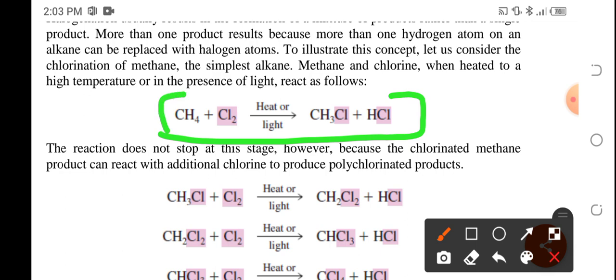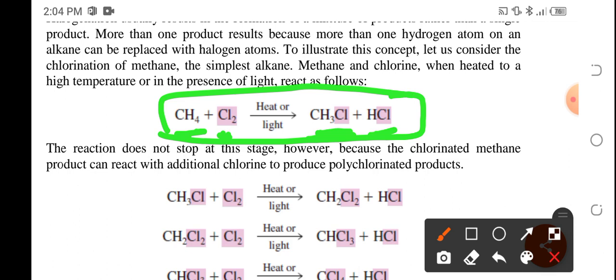Okay, so if methane undergoes monochlorination or monohalogenation, ibig sabihin, once lang yung substitution reaction niya. Okay, so you have here chlorine, and hydrogen there. Okay, so undergoing substitution reaction. That's why instead of having CH4, the CH4 then becomes CH3Cl and the Cl2 became HCl.